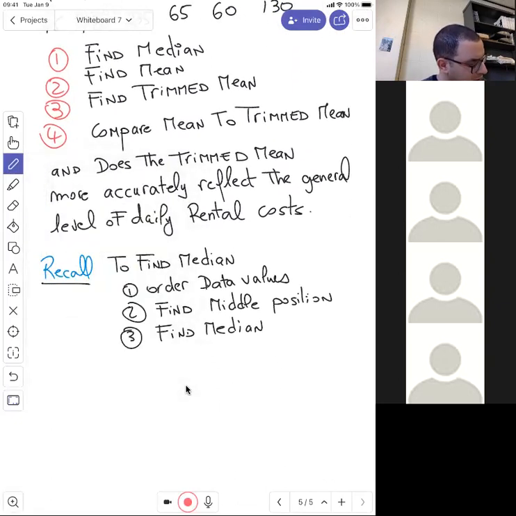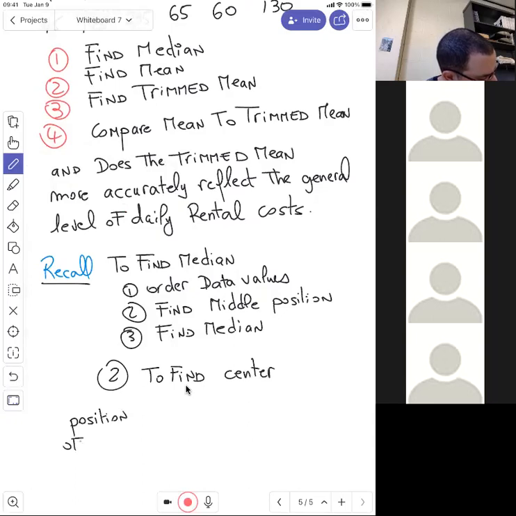That's a good point, because let me remind you how to find the middle position. To find the middle or the center, the position of the center is the number of data values, like here we have 20, plus 1, over 2.